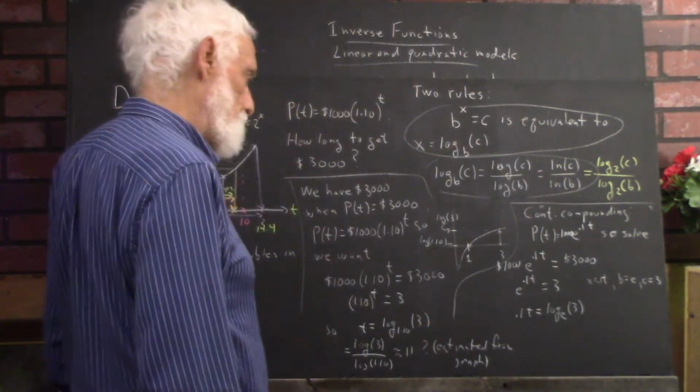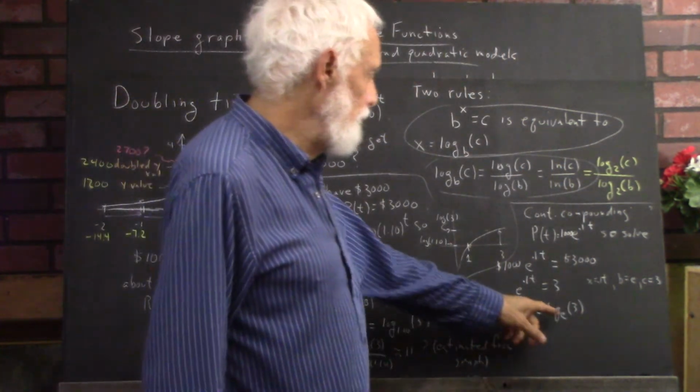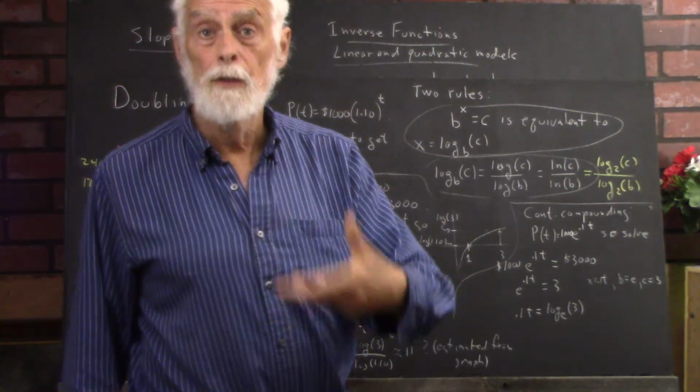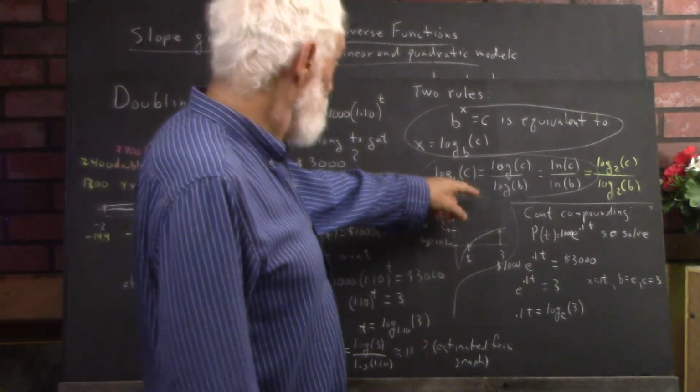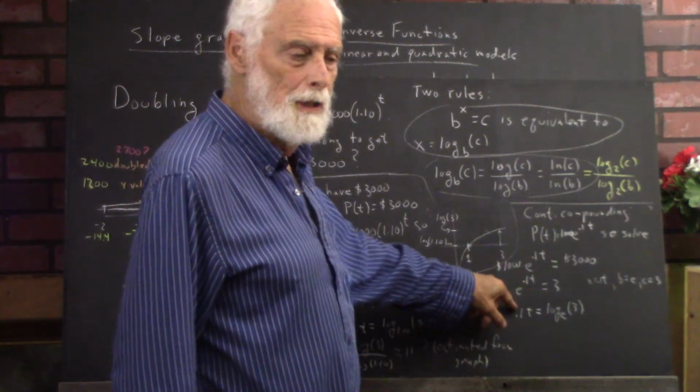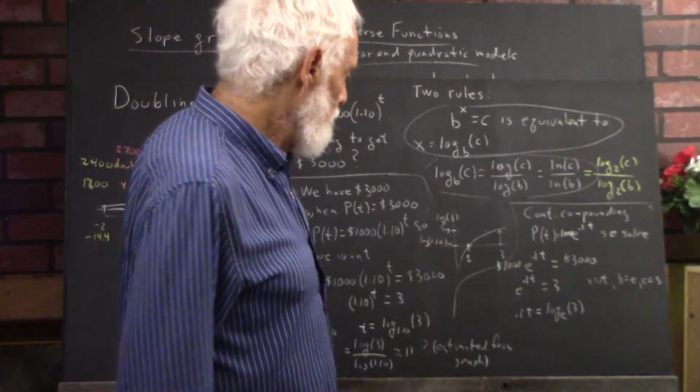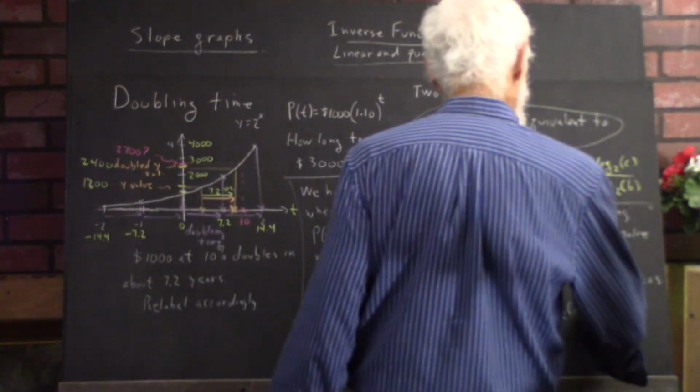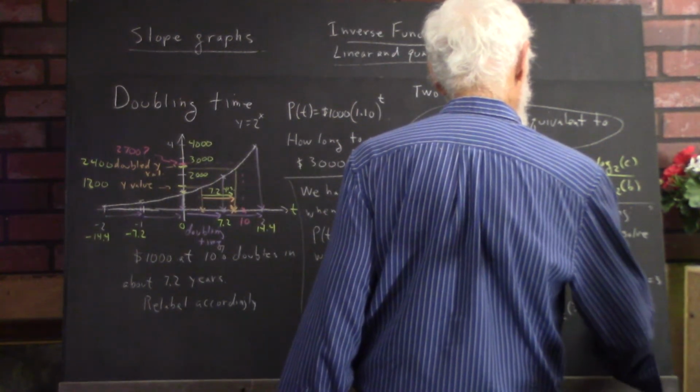of 3. Now I've told you that the base e log is the natural log, and you've got a button on your calculator, so you don't even have to use this one in the case where you have e to the power. So I can just say that that's equal to the natural log of 3.